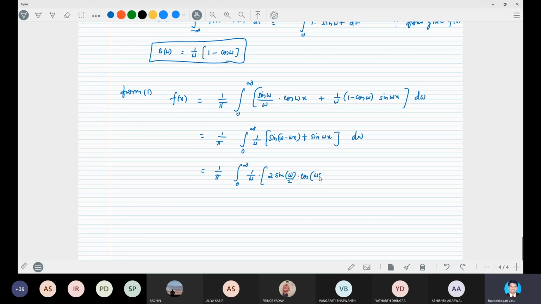Cos omega into (1 minus x) by 2, right? Omega by 2 into 1 minus x, 1 minus 2 omega x, this will be x.